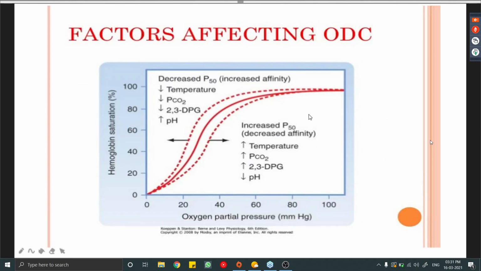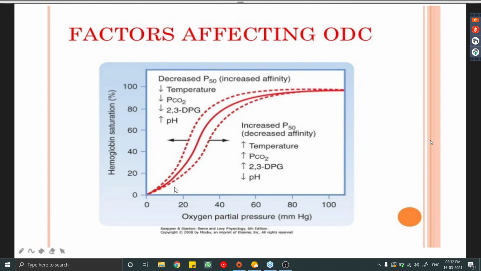So these are the factors which shift the curve towards the right: increased temperature, whenever a muscle is contracting or there is fever, and highly metabolizing tissues which produce a lot of carbon dioxide. Similarly, in adaptation towards hypoxia, the levels of 2,3-DPG increase, and when the partial pressure of carbon dioxide increases, the pH also reduces because a lot of protons are released.